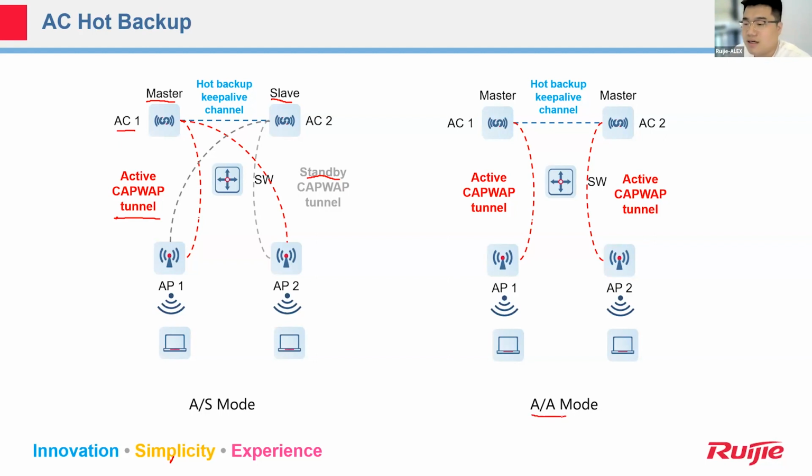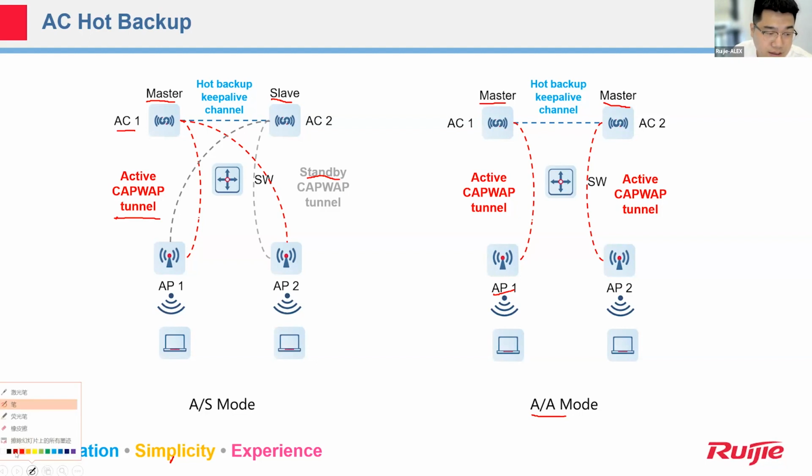AA mode means that no matter AC1 or AC2, both of them are active or are master. You can see AC1 is a master, AC2 is a master. But pay attention here. The reason why both of them are master is that, for example, AC1 is managing AP1, AC2 is managing AP2. So for AP1, it thinks that AC1 is a master, but AC2 is a slave.